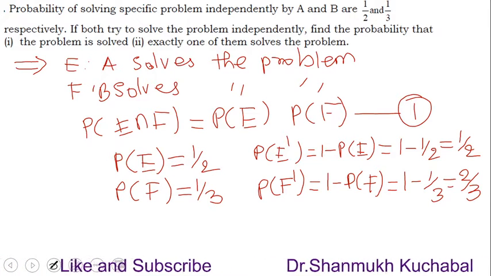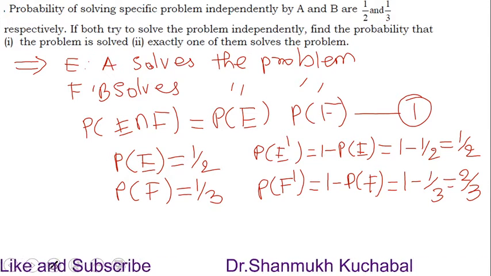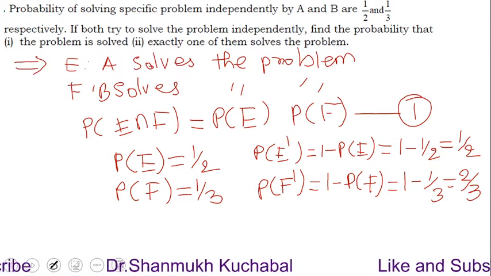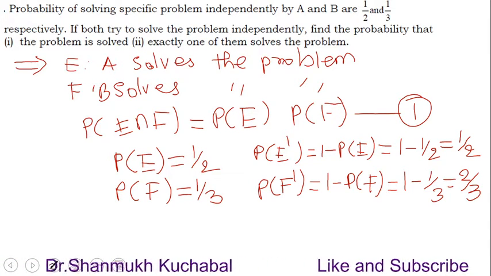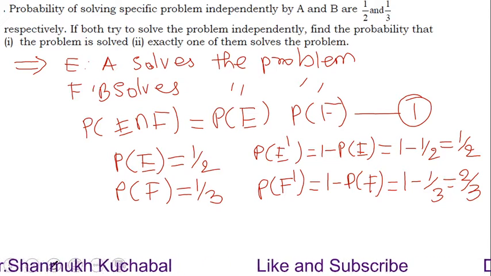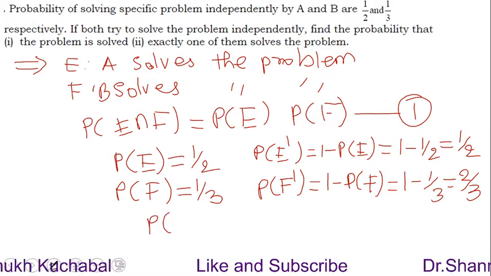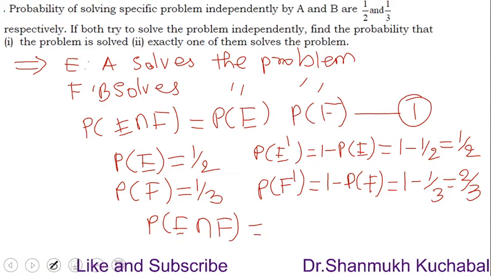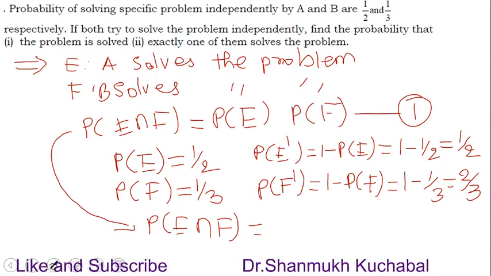Now we should find the probability of E intersection F. I use equation number 1.